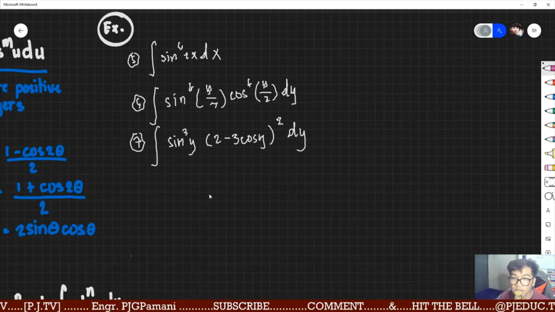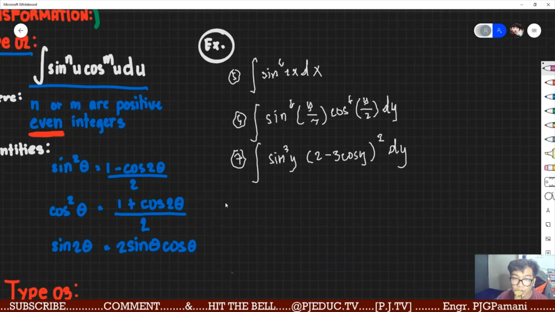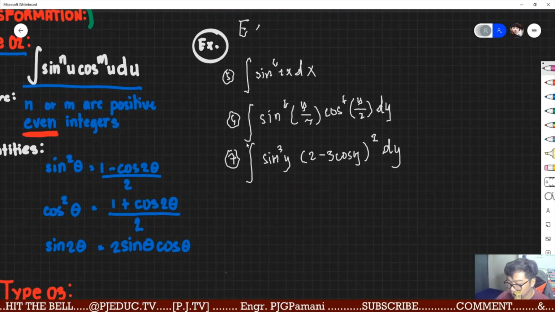From what we have discussed for transformation by trigonometric formulas under type 2, try to solve these three problems. This will be your exercise.